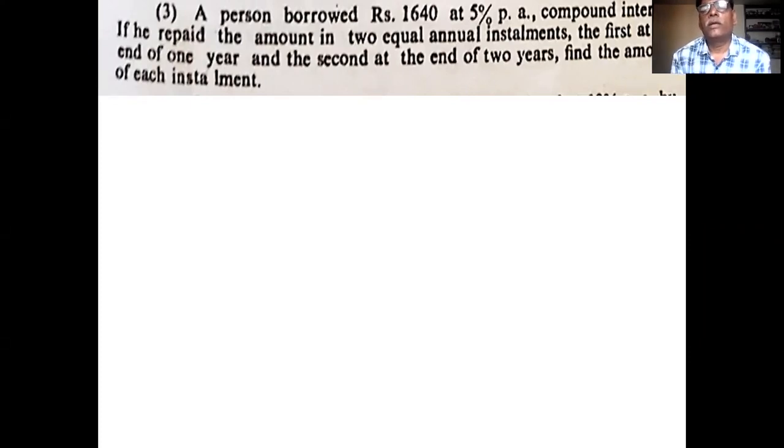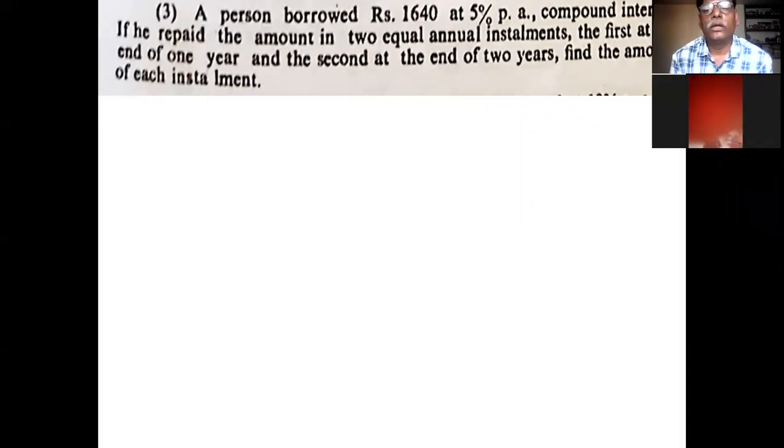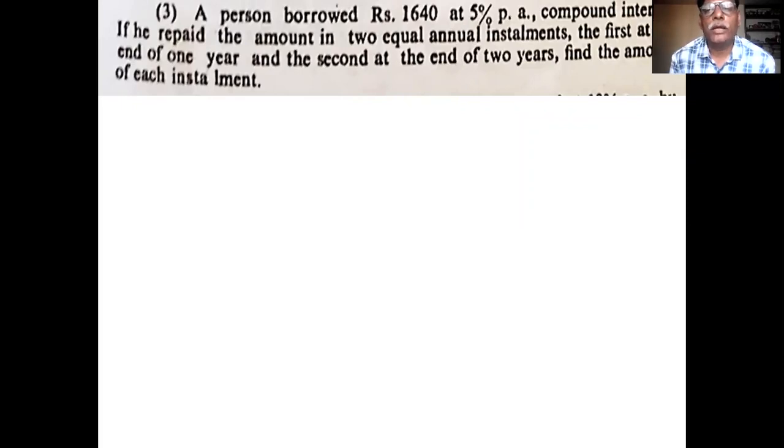At the end of the first year, whatever amount you calculate, from that amount you pay the first installment. After paying the first installment, whatever balance remains, that is the principal for the second year. And on that balance principal, you calculate the interest at the end of the second year.